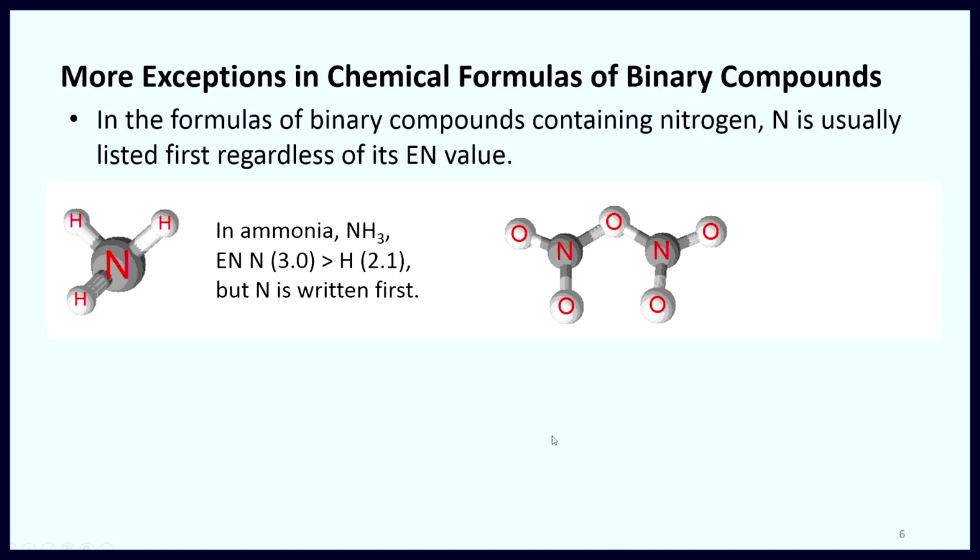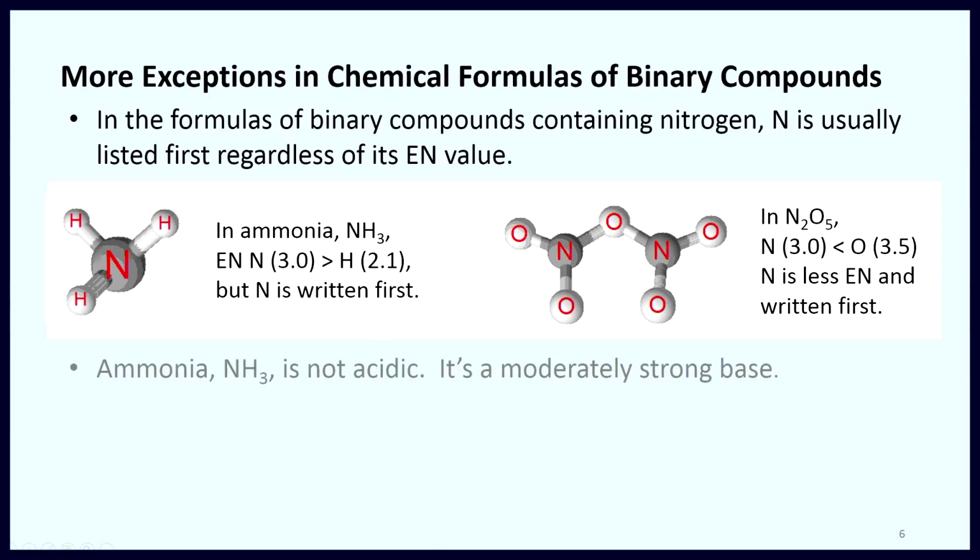Notice that nitrogen is listed first in the formula, even though it's more electronegative than hydrogen. In the example on the right, we have N2O5. In this case, nitrogen is less electronegative than oxygen, and it is written first. So regardless of whether the nitrogen is more or less electronegative, in binary compounds, nitrogen is generally listed first.